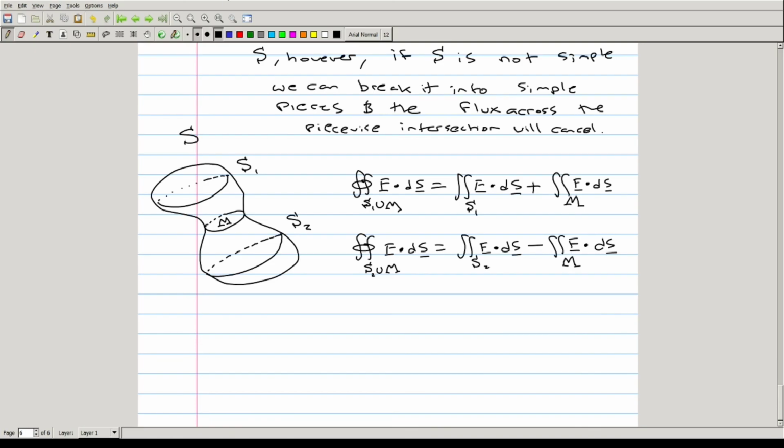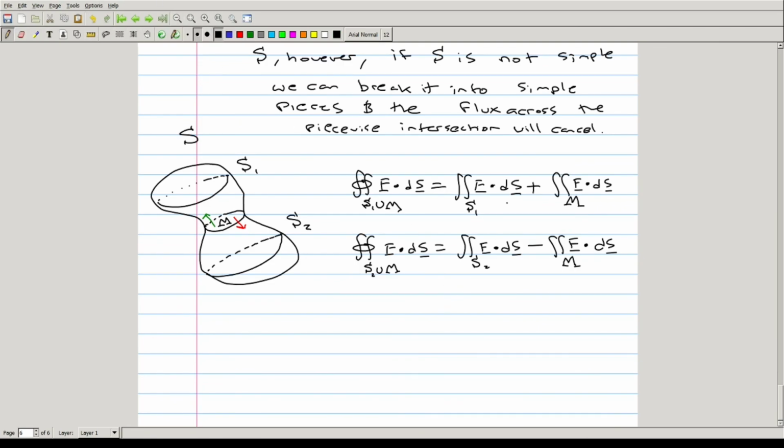And this negative just comes about because the outward normal to S1 is in this direction right here, but the outward normal to S2 on M is in this direction right here. So the outward normals on each of these surface integrals are opposite one another.